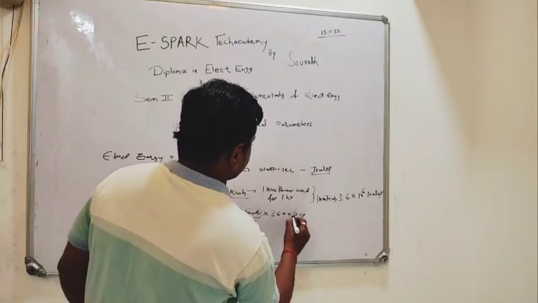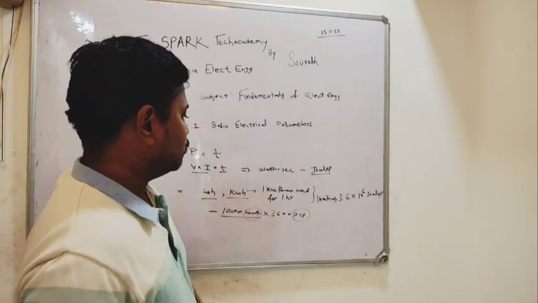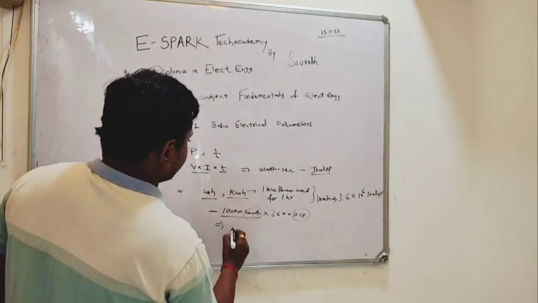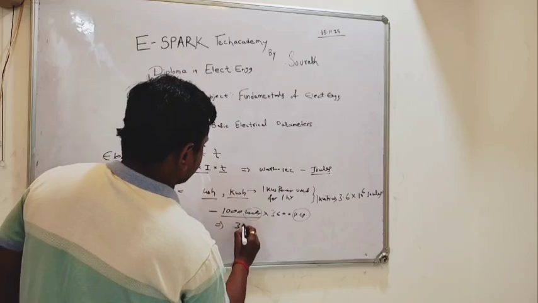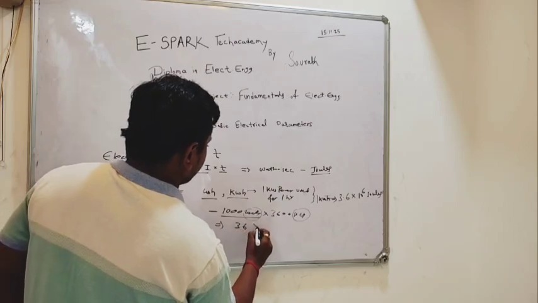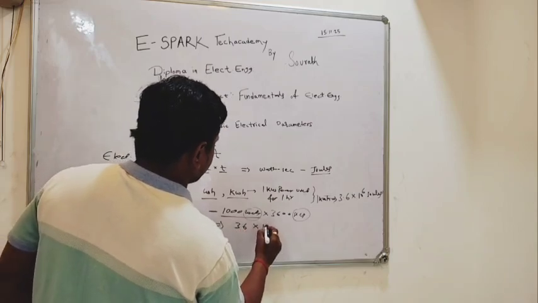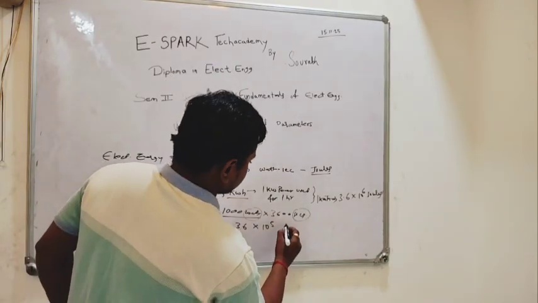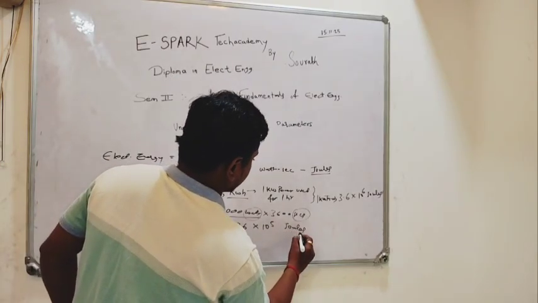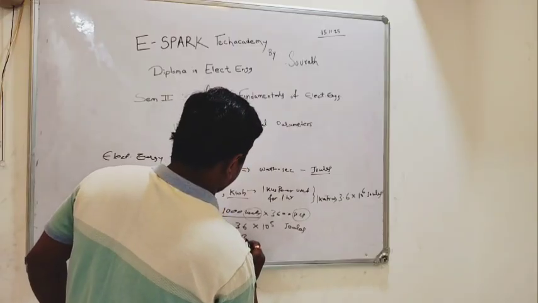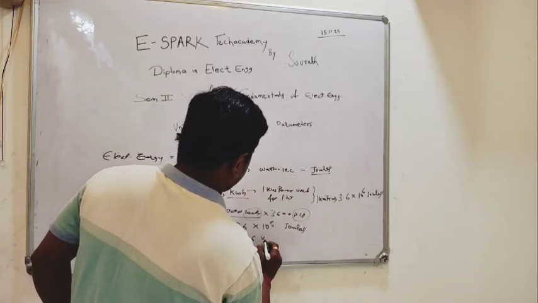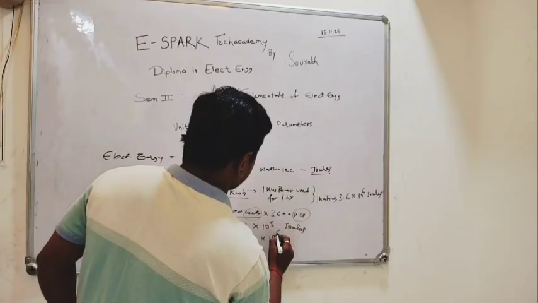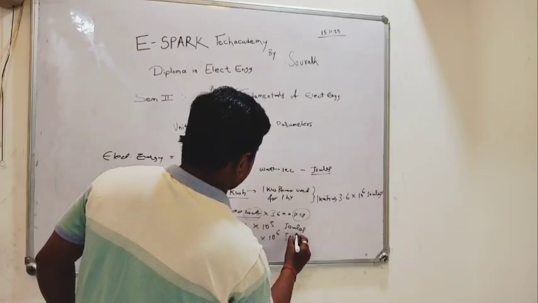And watt second is nothing but joules. Now you will get 3.6 into 10 raised to 6 joules, as per the expression.